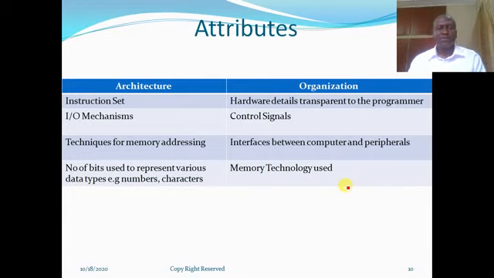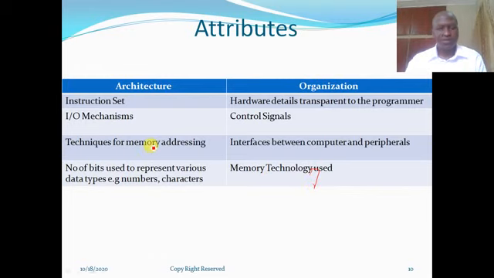Now, this slide also attempts to give us some basic attributes or properties or characteristics of computer architecture and computer organization. And here they are. Computer architecture deals with instruction sets, like I mentioned previously.